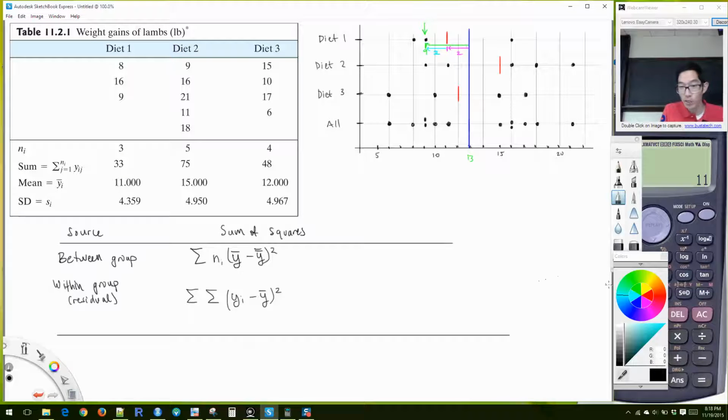So one sum for all data points in the group, and then do it for all groups.